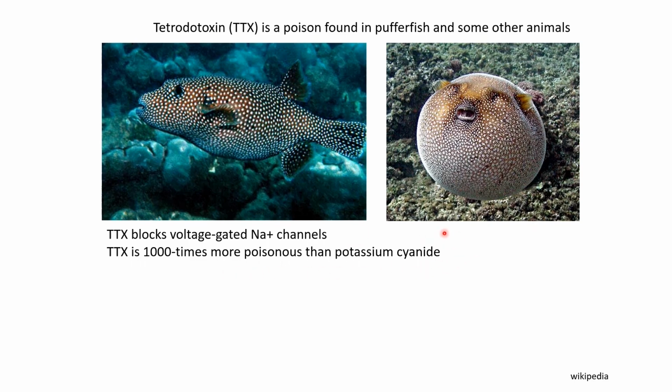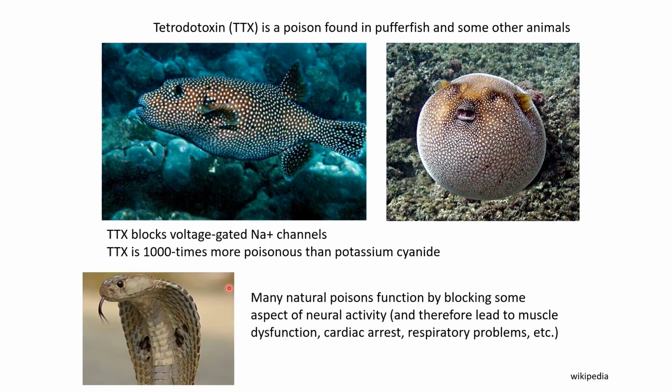But if you think about it, the voltage gated sodium channels are involved in the generation of action potentials. And because action potentials are important for the functioning of most neurons, TTX can basically paralyze most of the neurons in the body. And because neurons control so many aspects of body functioning, it can have a really drastic effect on the body. In fact, this is how most natural poisons function.